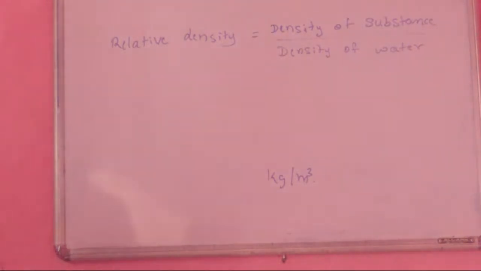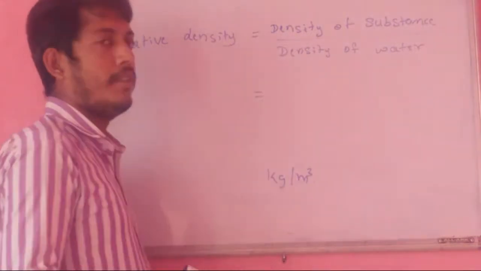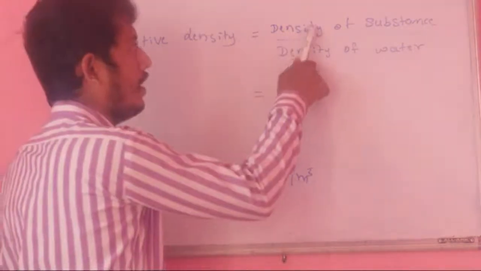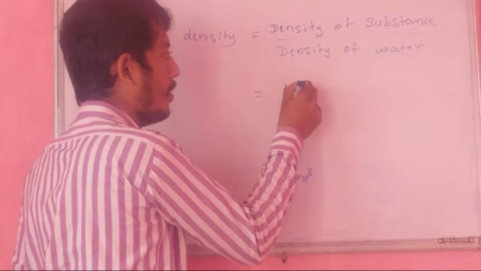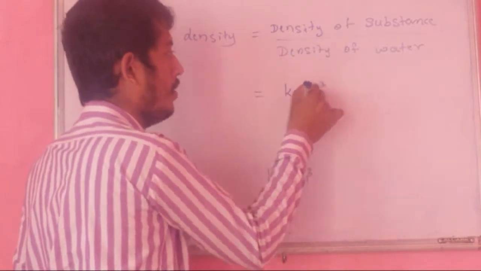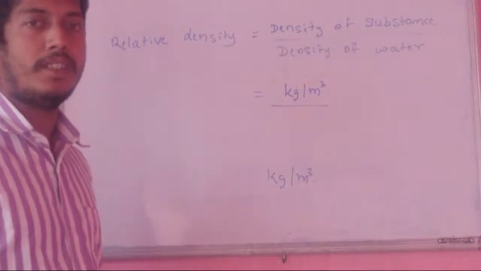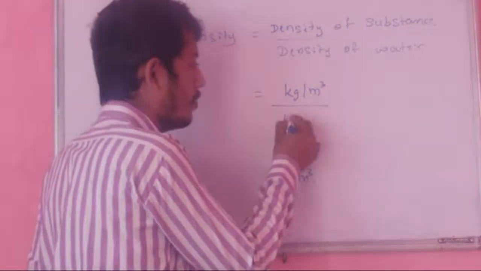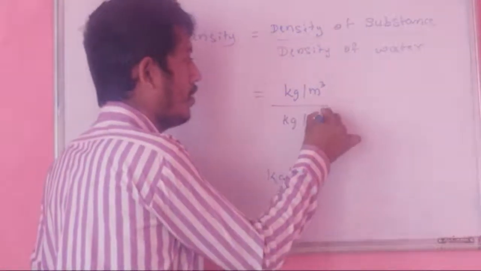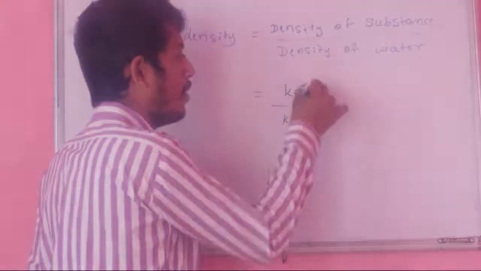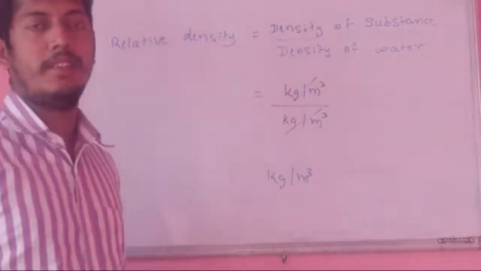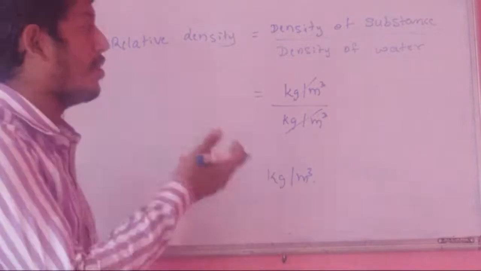Here I will derive the relative density. The density of the substance has SI unit kg per meter cube, divided by the density of water, whose SI unit is again kg per meter cube. So kg per meter cube gets cancelled. Nothing is remaining. Both numerator and denominator have the same SI unit, so they cancel and only the value remains.